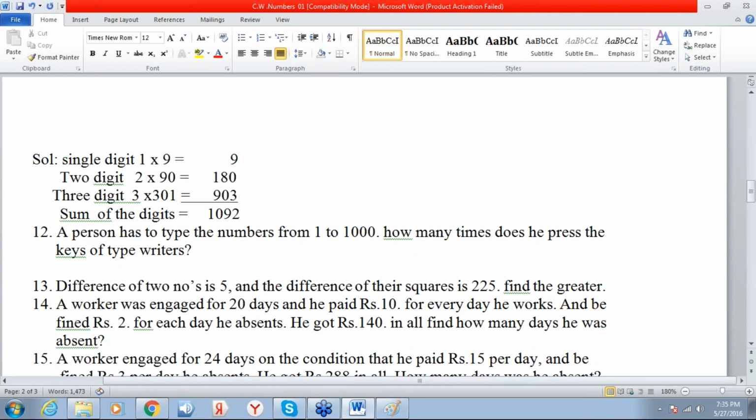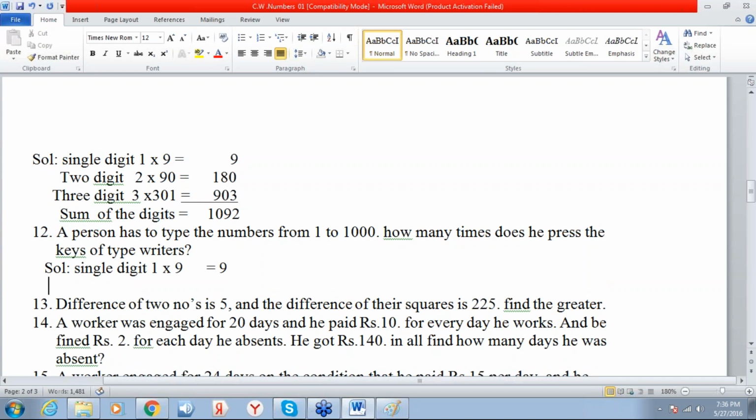Same question, similar to above. A person has to type the numbers from 1 to 1000. How many times does he press the keys of the typewriter? Single digit: 1 into 9 equals 9.